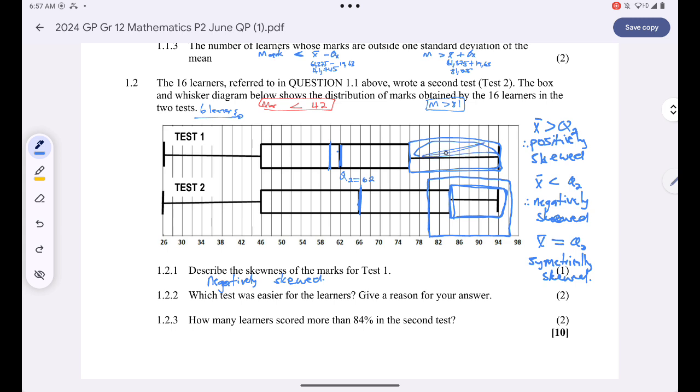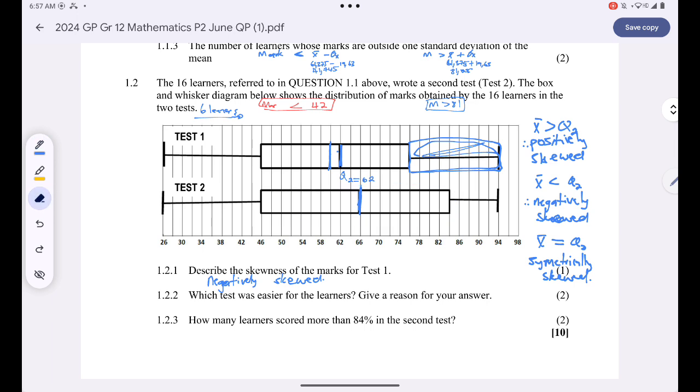So test number 2 was a little bit easier, guys, because learners obtained higher marks compared to test 1. Even if you can check over here, there is greater variation because this box and whisker is greater than the other one.